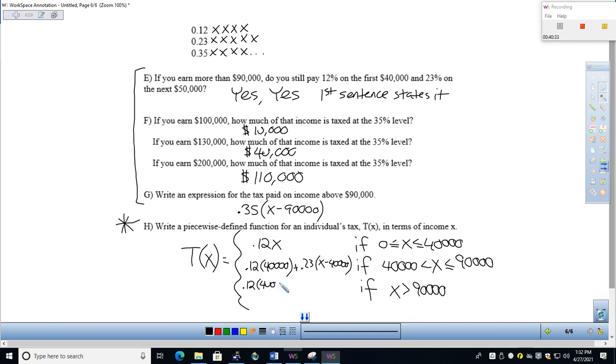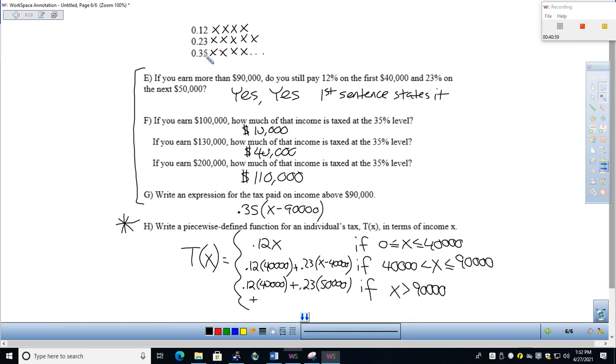First 40 grand, taxed at 12%. So there, all done. The next 50 grand, there it is, everybody. There's 50 grand. Isn't that taxed at 23%? So again, definitively, if I'm making more than 90,000, the first 90,000 is broken up into these two rates. First 40 here, next 50 there.